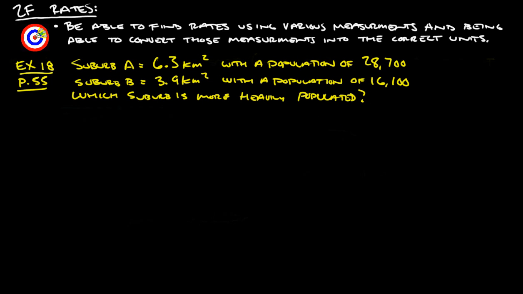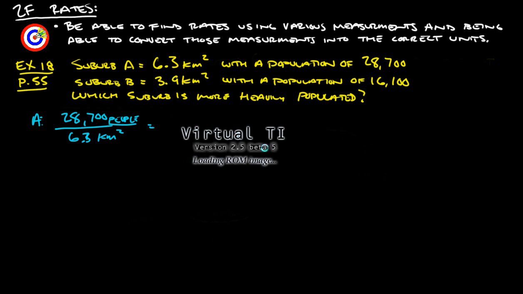To do that, we just have to find the density of each suburb. You're going to think of it as people per square kilometer. For suburb A, we put the population, 28,700 people, for 6.3 square kilometers. Now let's calculate that out.